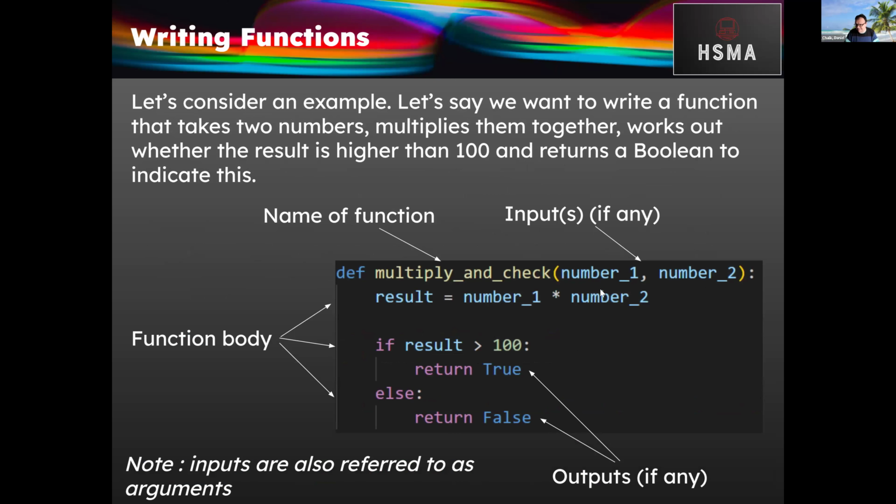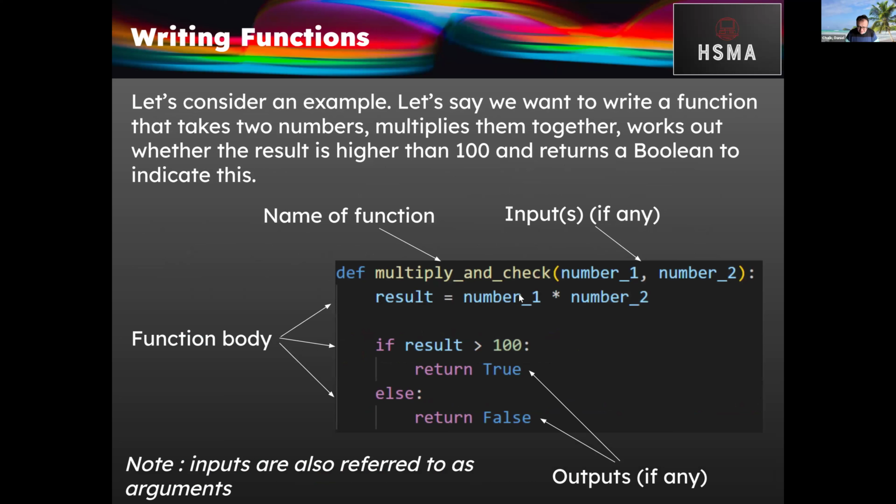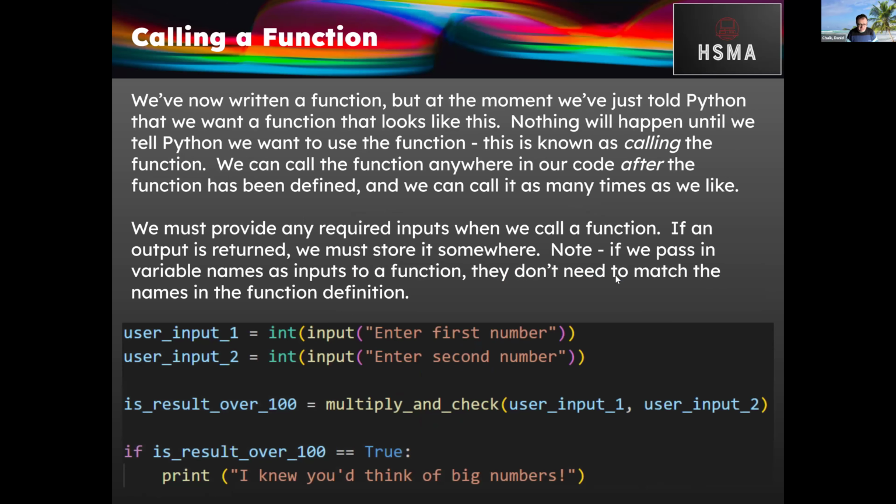It doesn't matter that we've named them number 1 and number 2 here. That's just so that we can refer to them in the function definition. But it's expecting 2 inputs, and because of the nature of this function, they're going to need to be numerical inputs because we're going to perform a mathematical operation on them. So we have to pass those in when we call the function.